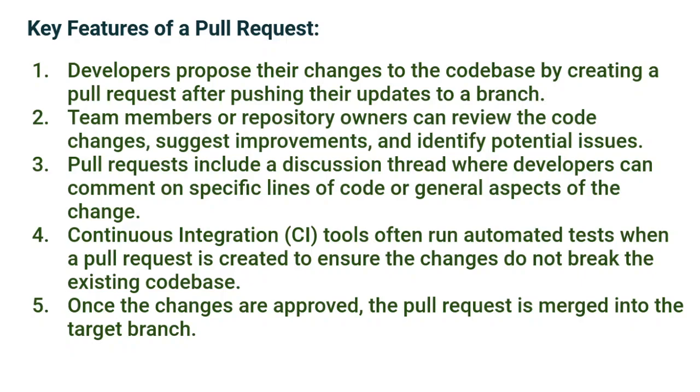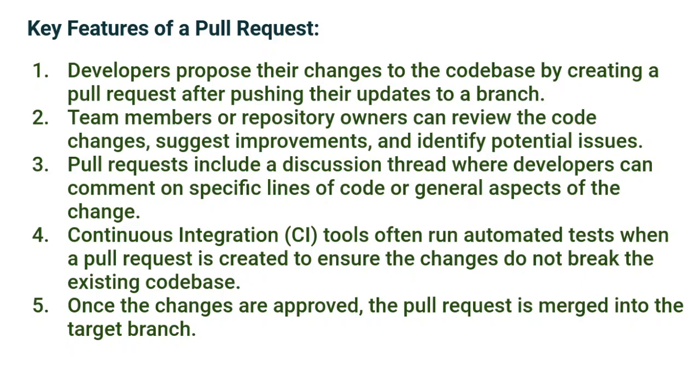Then he will raise the pull request for that code because it is not merged into the main branch yet. It is just pushed into the feature branch code in the remote repo. We will see some practical examples as well, then we will understand in a better way. But just understand that once he pushes the code to his feature branch on the remote repo, team members or repository owners can review the code changes.